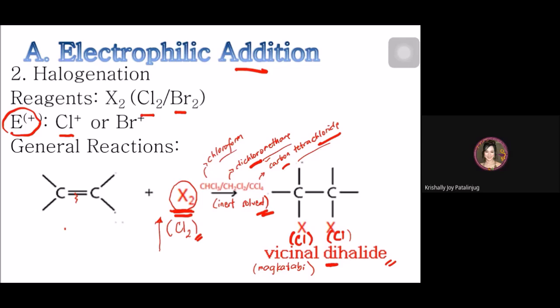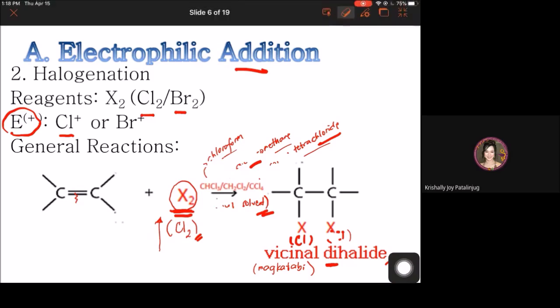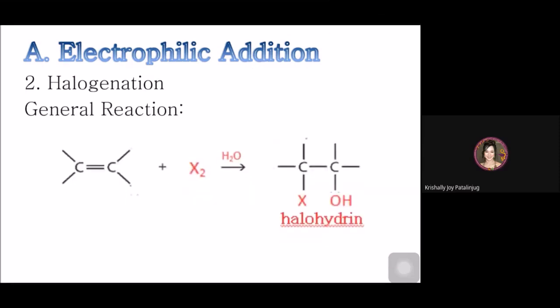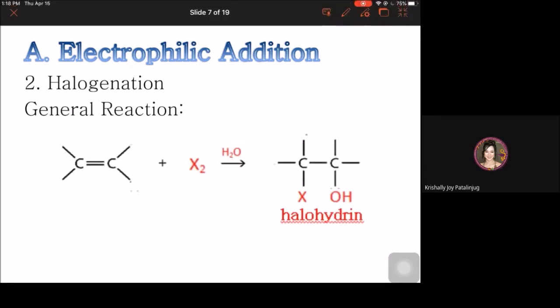Alright? Now, what if the inert solvent being added this time is water? Inert solvent.